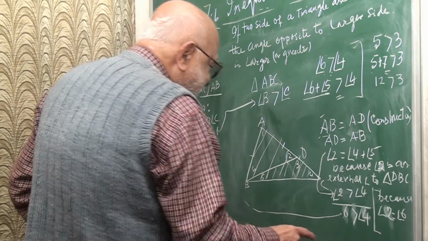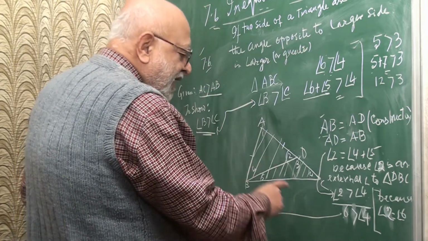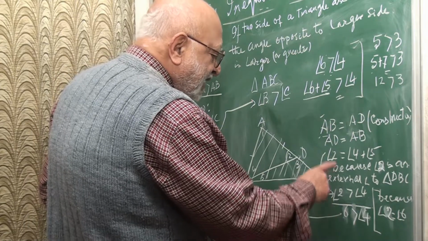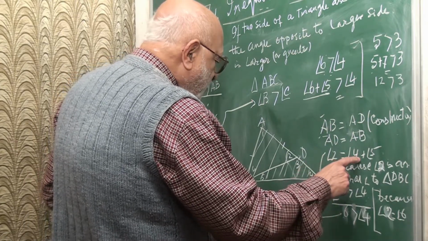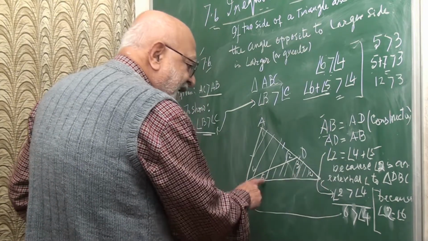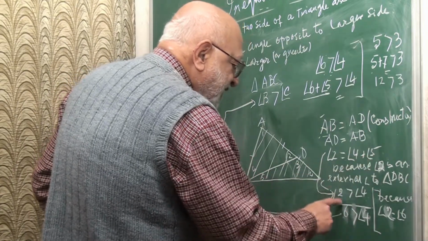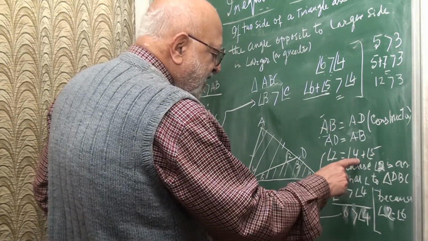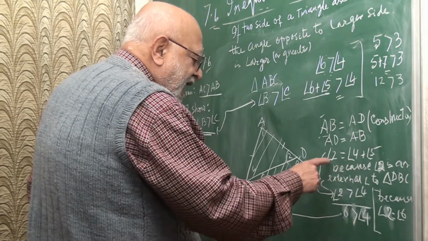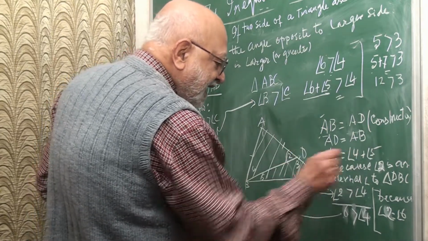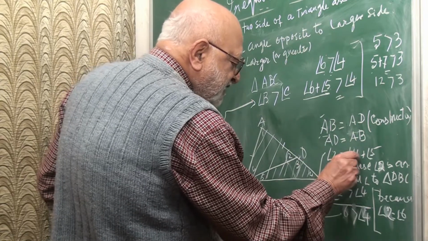So when we said angle 2 is equal to angle 4 plus angle 5, from here we have said angle 2 is greater than angle 4. Definitely, taking individually, angle 2 is greater than angle 4.